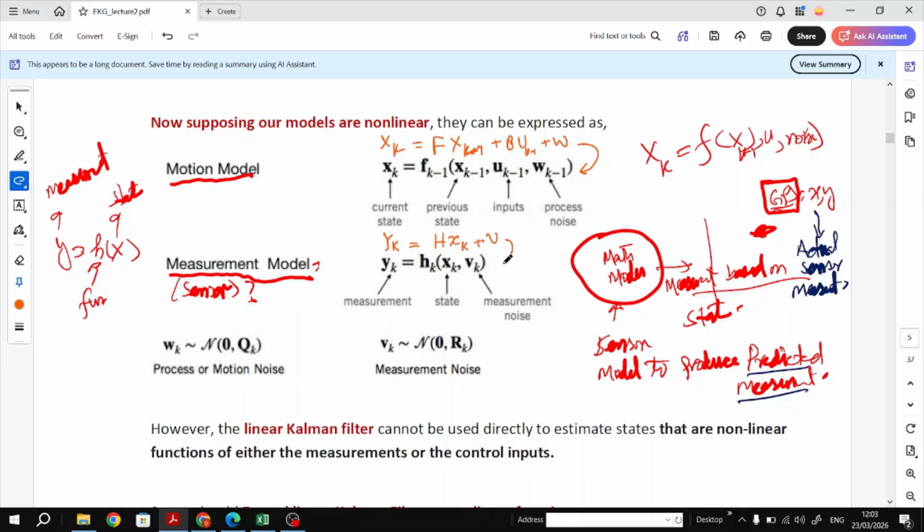So this is the linear version, but this is the nonlinear version in general, where the process noise, or motion model noise, and the measurement noise, or sensor noise, can be considered as normally distributed, or Gaussian, with zero mean and with some variance or covariance.